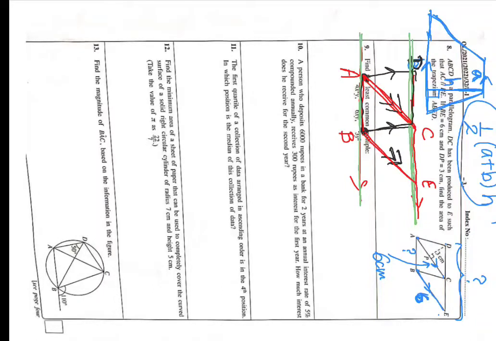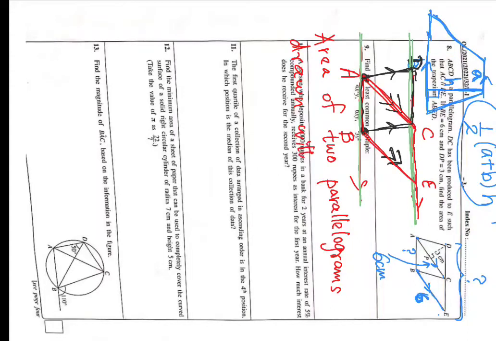Areas of these two parallelograms are equal. That is a rule. The rule is: area of two parallelograms drawn with the same base and between two parallel lines are equal.